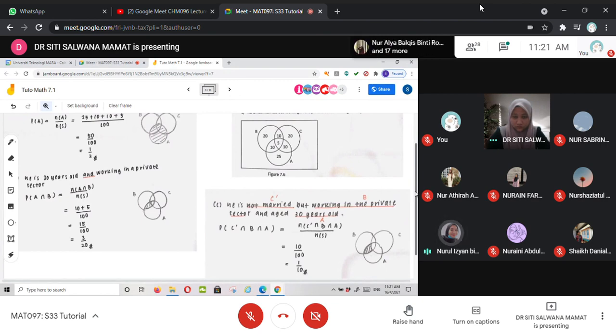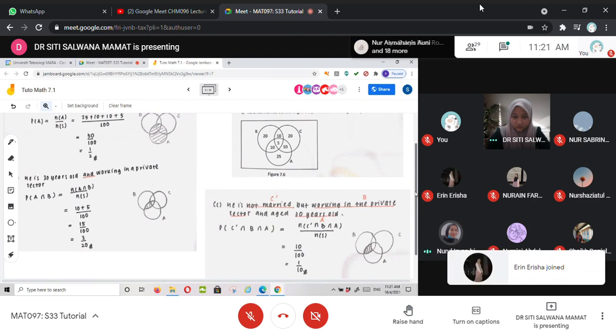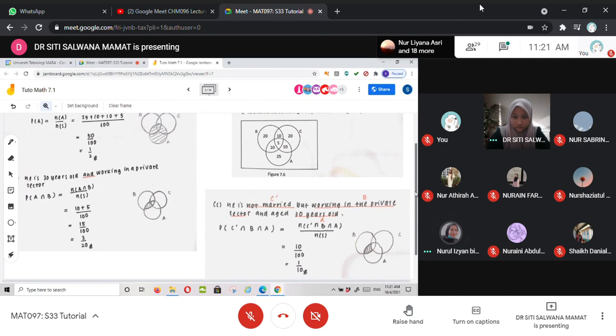Untuk sambungan dia intersect dengan A ni, untuk C prime intersect B intersect A akan dapat 10. So overkan dengan 100 akan dapat 1 over 10.